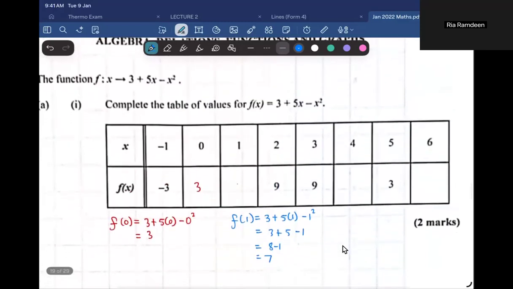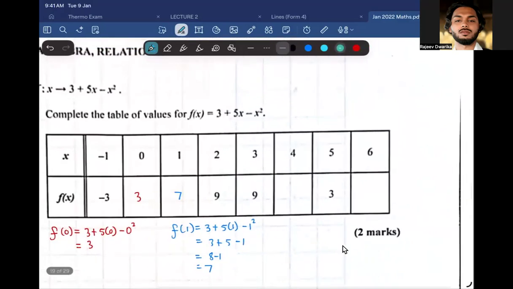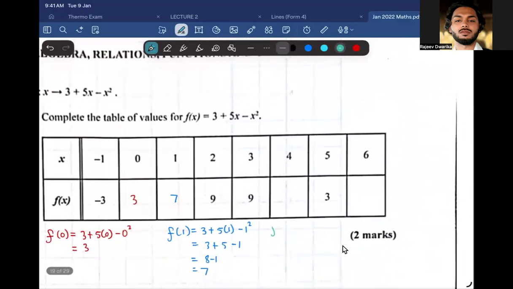All right, Perseus, how would I figure out f of 4? How would I find f of 4? What's the function?